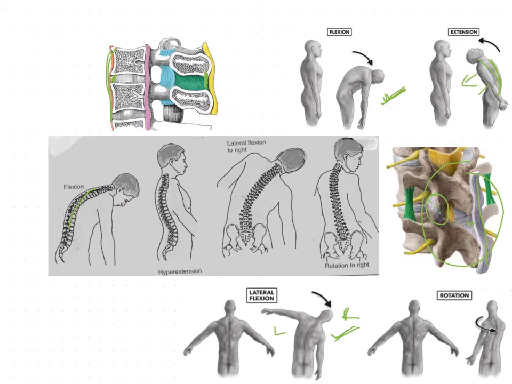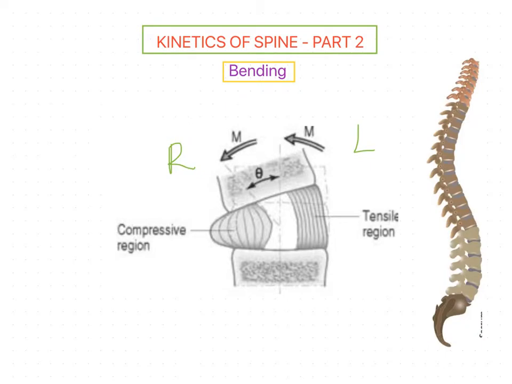Now we will move on to another type of bending, that is lateral bending. In the same schematic representation, we are going to consider this one as the right side and this one as the left side, side to side.